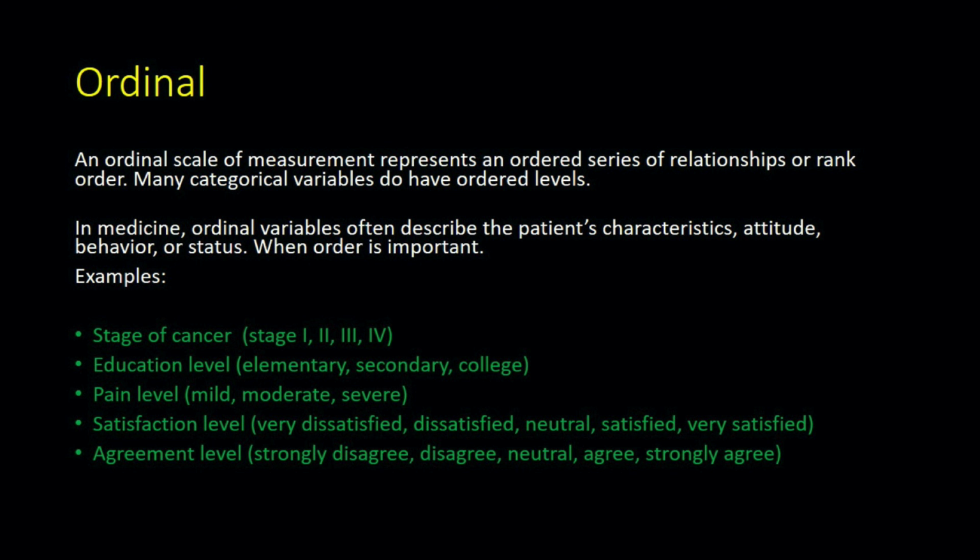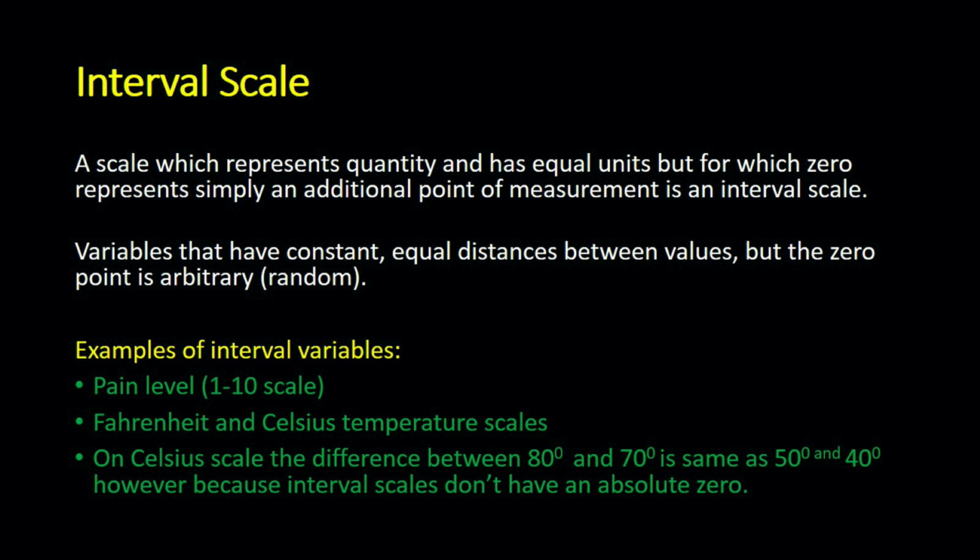Okay, in the next slide, you can see here the interval scale. A scale which represents quantity and has equal units, but for which 0 represents simply an additional point of measurement, is an interval scale. Variables that have constant equal distances between values, but the 0 point is arbitrary, that is random.